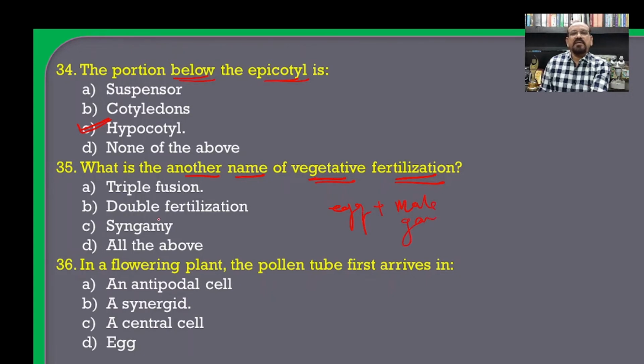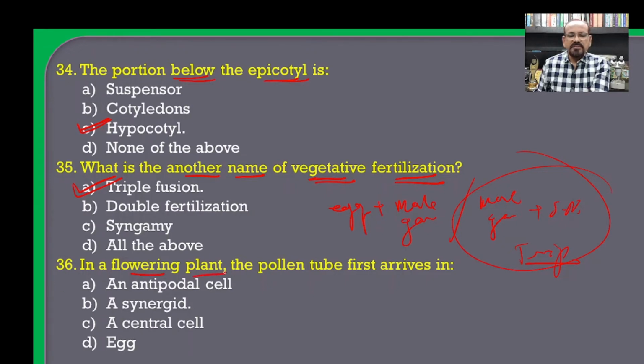That is the first fertilization or the syngamy. But at the same time, the second male gamete fuses with the secondary nucleus, which is the result of triple fusion, and hence triple fusion becomes the answer, which is an example of vegetative fertilization.